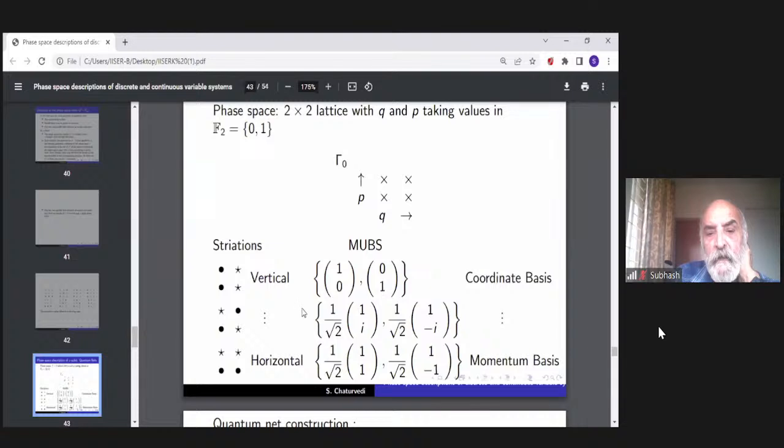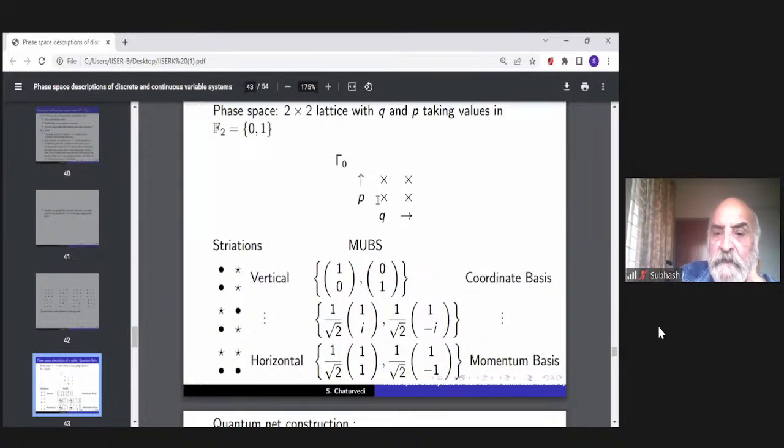So once you have done that, you would have ended up associating a projector with each line on this lattice. Such a collection is called a quantum net.